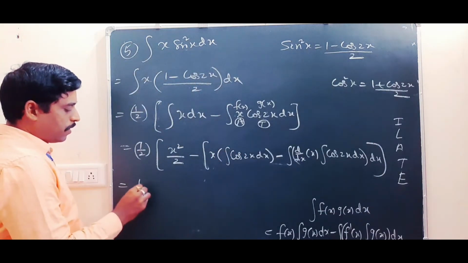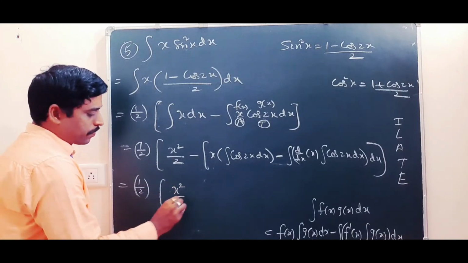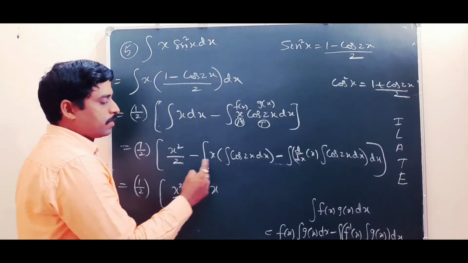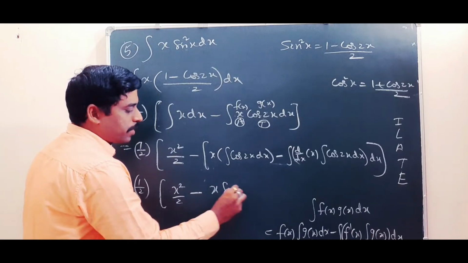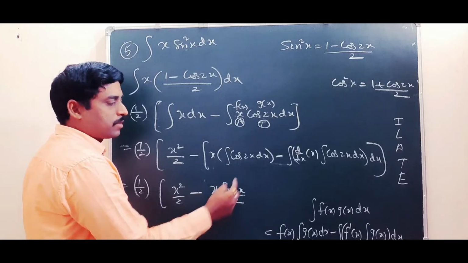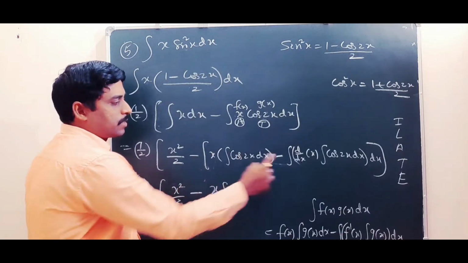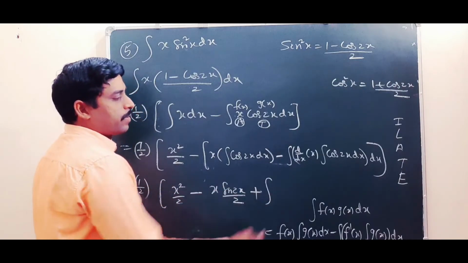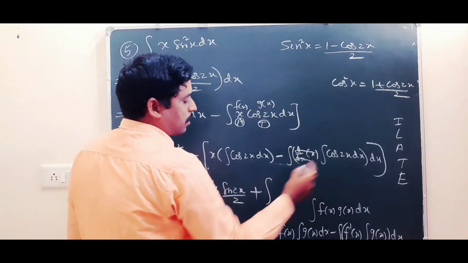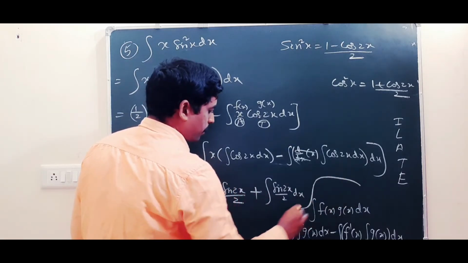Okay, 1/2 times of (x²/2 − x into integral cos 2x). So integral cos 2x is sin 2x/2, because the differentiation of 2x is 2, so integration is divided by 2. Minus into minus plus the integral of d/dx of x, which is 1, into integral cos 2x, which is sin 2x/2.